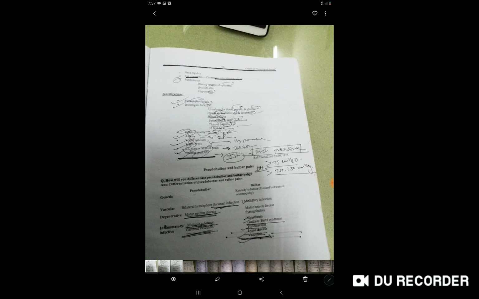You should look at fundoscopy, whether there is papilloedema or not. What are the findings you can present in hypertensive retinopathy? There is silver wiring, AV nipping, flame-shaped hemorrhage, and also papilloedema in grade 4. And you can show signs of eye congestion in case of cavernous sinus thrombosis: proptosis, eye congestion, cellulitis. You should look for that.